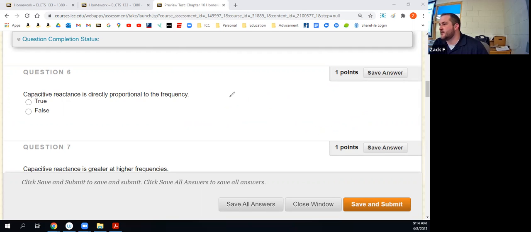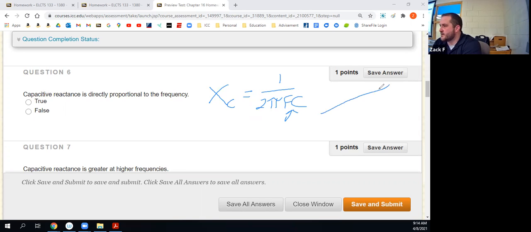So in the formula, capacitive reactance equals 1 over 2 pi FC. Is capacitive reactance directly proportional to the frequency? Here's frequency. Or is it inversely proportional? Inversely.